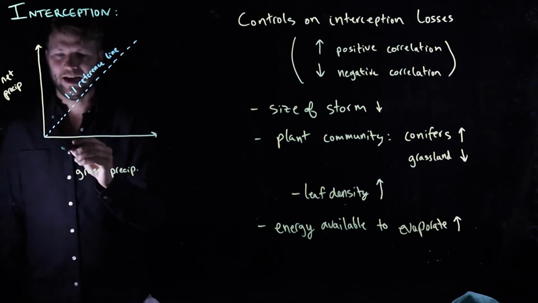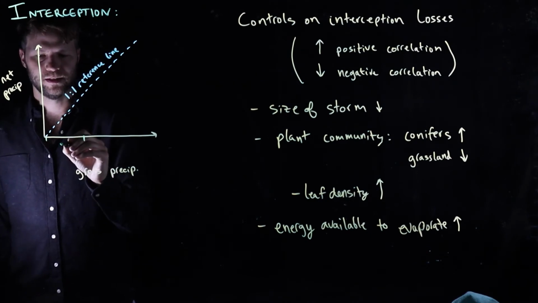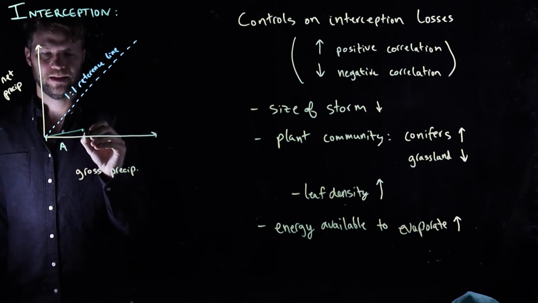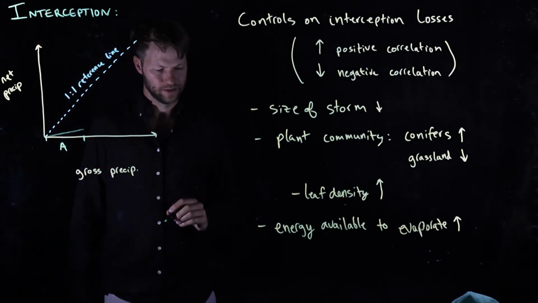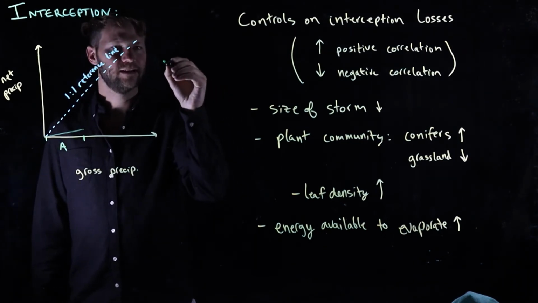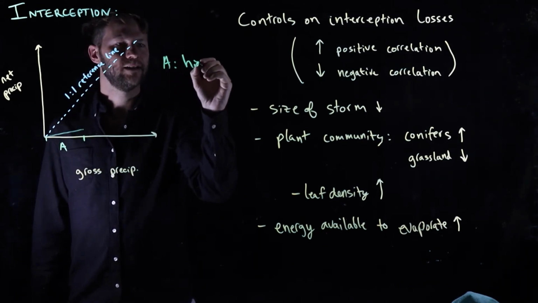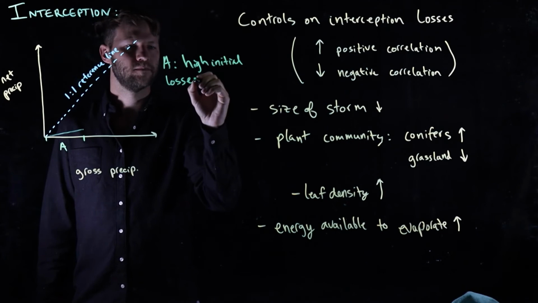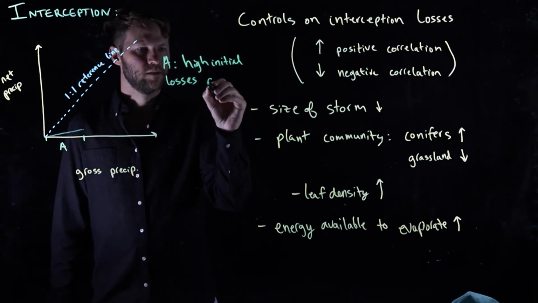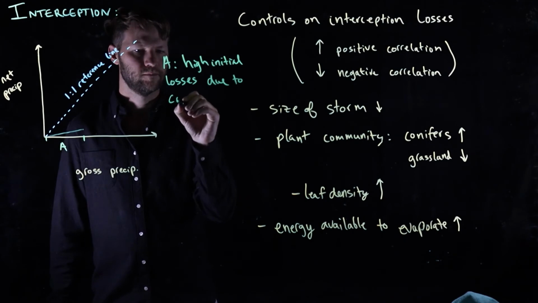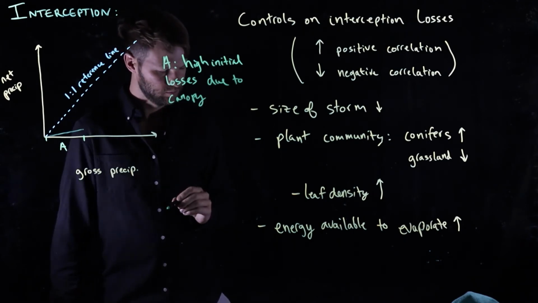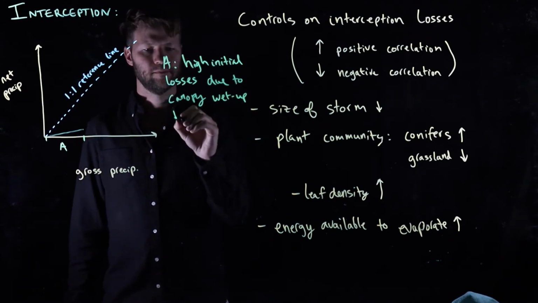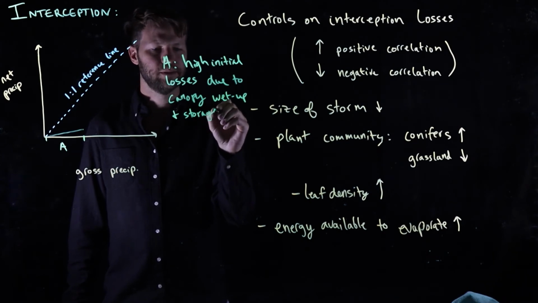So let's think about what happens when it first starts raining here. We'll consider this period A. It's raining and we're falling well below this one-to-one line. So during this time period A, we have high initial losses due to interception, and specifically due to the canopy wetting up and storing water, due to canopy wet up and storage.